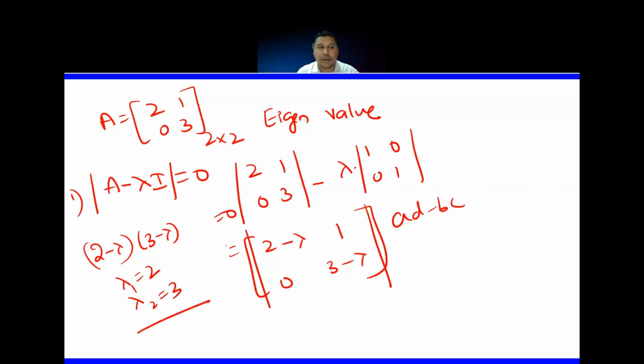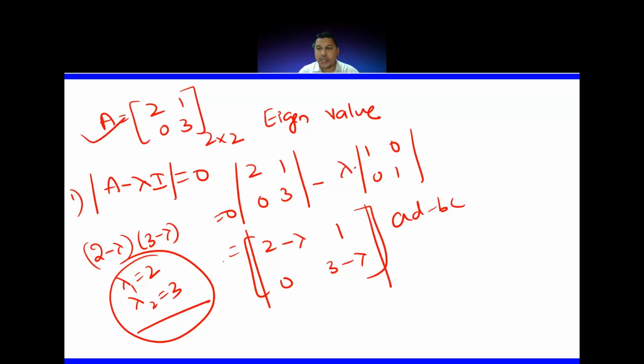So when you solve the determinant of A minus lambda I equal to 0, you get two eigenvalues, lambda 1 equal to 2, lambda 2 equal to 3. These are called eigenvalues. Given a matrix, convert it into A minus lambda I, solve that determinant, solve that equation, and find the values lambda 1, lambda 2. So you get two eigenvalues for this matrix.